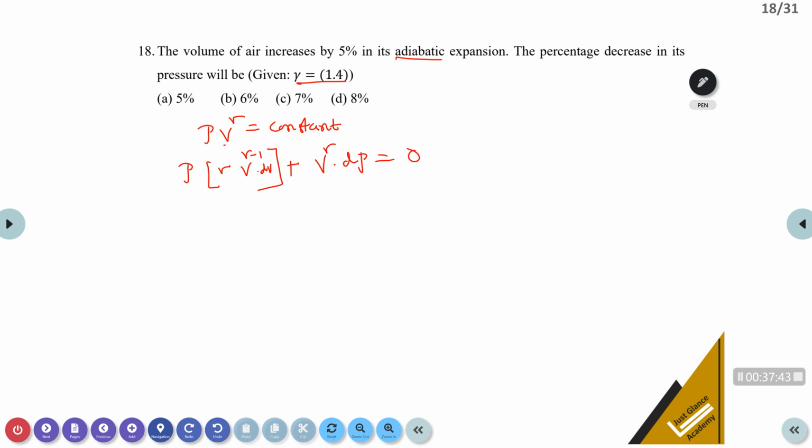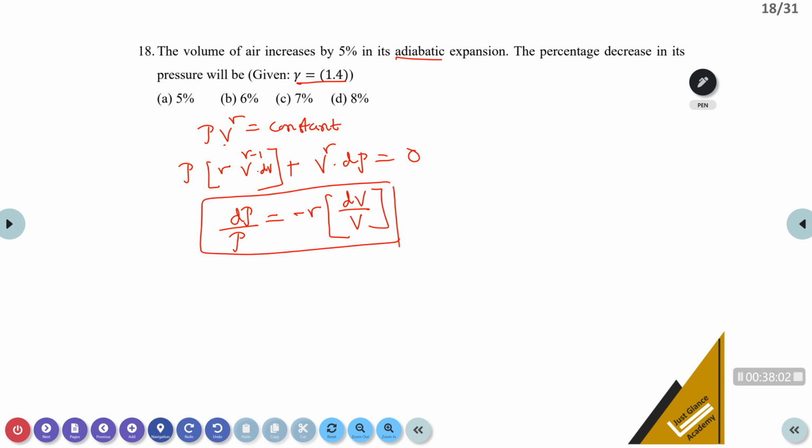He is asking for the percentage decrease in pressure. So modified, dP by P equal to minus gamma into dV by V, this is a standard equation. This is equal to minus gamma, whose value is 1.4, times dV by V, which is 5%.